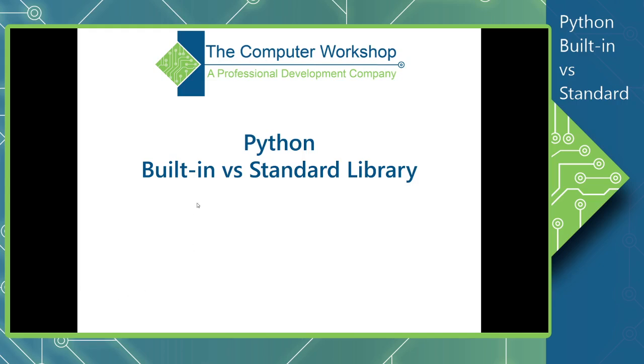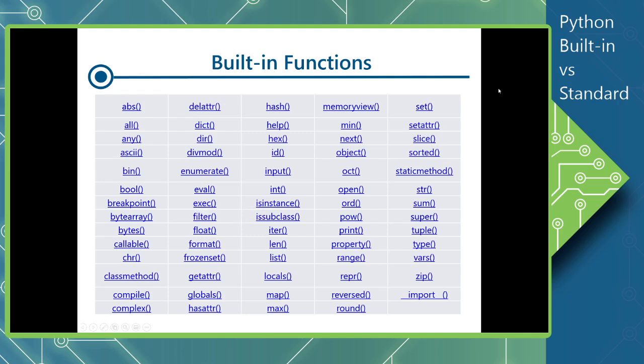The difference between a built-in and a standard library is with built-in, these functions are provided as part of the interpreter, and you don't need to do anything additionally to gain access to them. So, like if I wanted to print something out to a terminal prompt, I could use the print command.